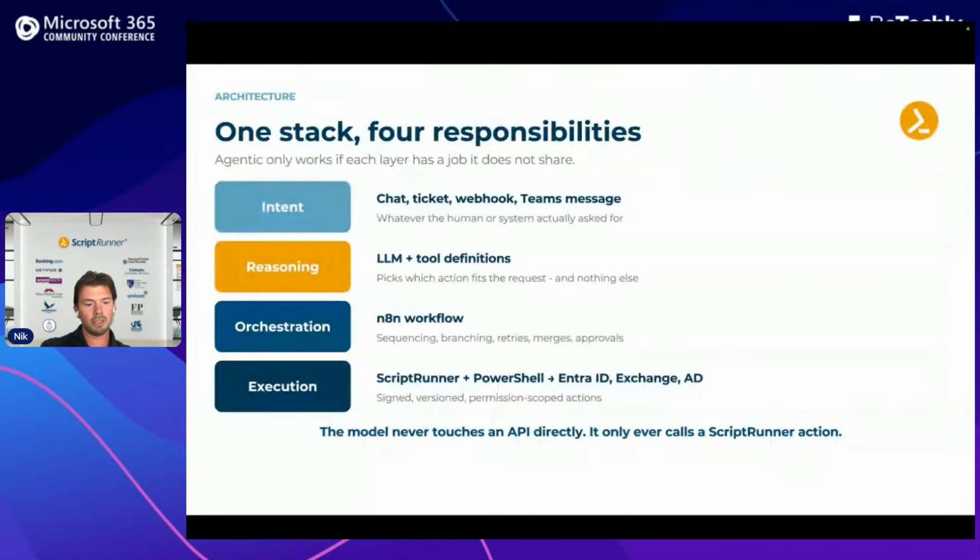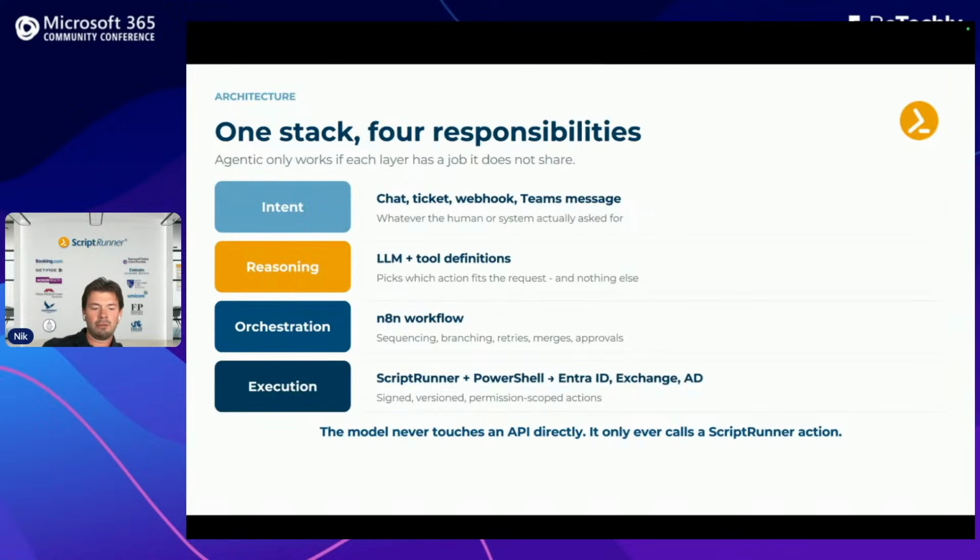Now, here's a sentence I would like you to take away from the slide, and I'm going to say it twice. The model itself, the LLM, never touches an API directly. It only calls a script runner action. Once I show the demo, it will become more clear. But what we're not doing here is giving ChatGPT or any LLM a PowerShell prompt and hoping that it does the correct thing.